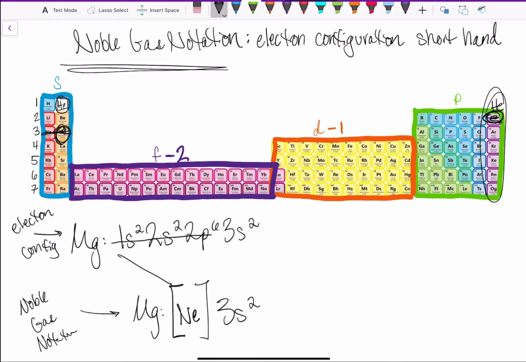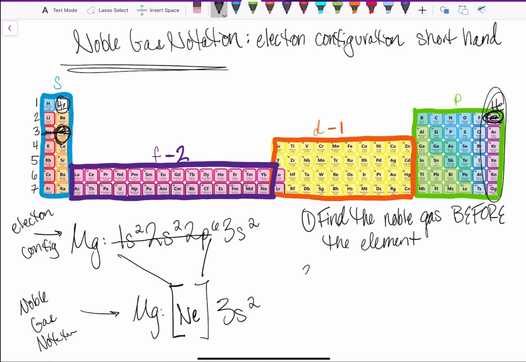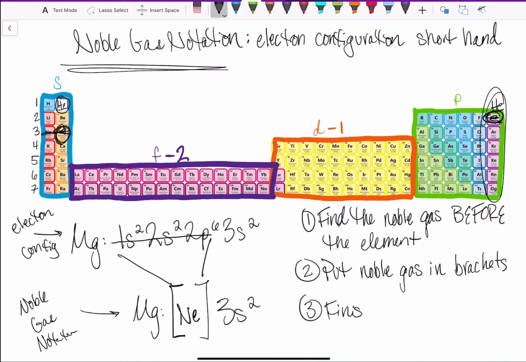So all of that is getting funneled down into just neon in brackets. So to write the noble gas notation, you find the noble gas that comes before the element, and then you put it in brackets. Then after you do that, you finish the electron configuration. And I'm just going to write E-config for electron configuration.